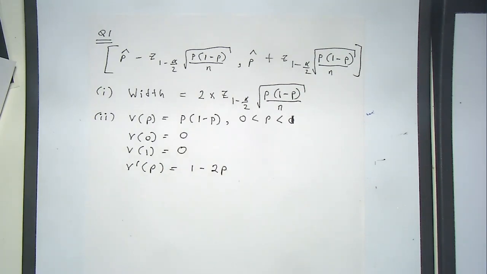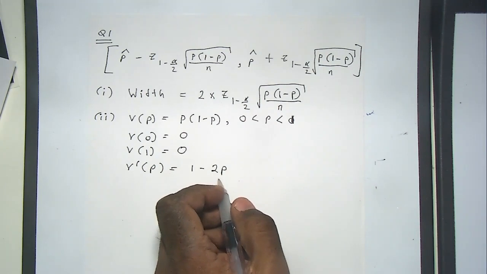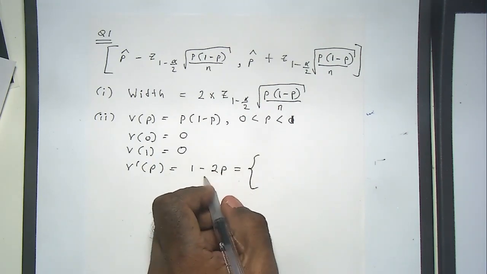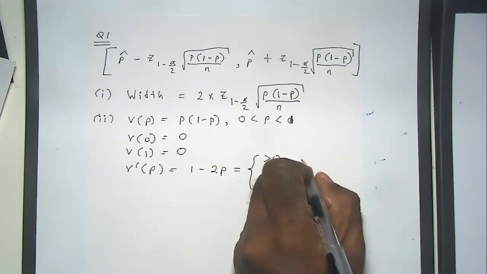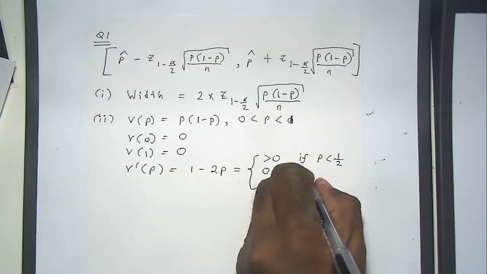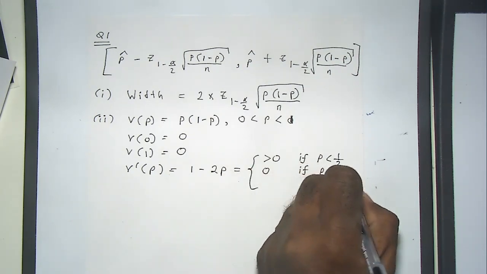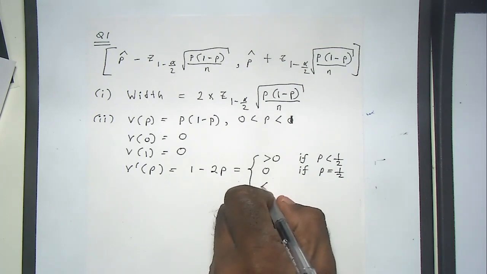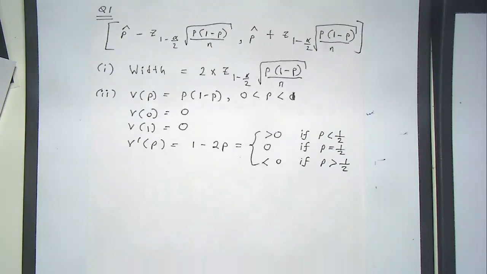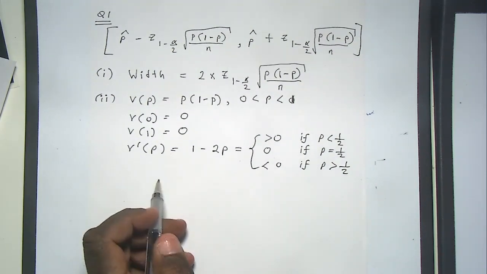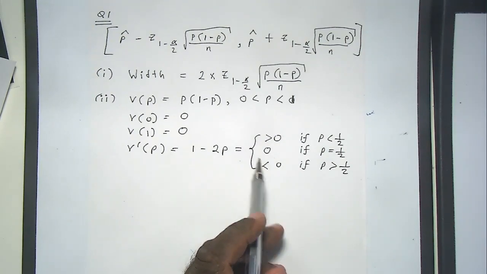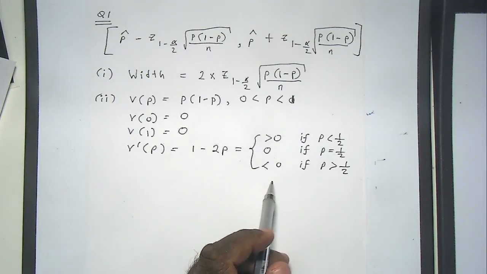This is a positive number if p is less than a half, 0 if p is equal to half, and a negative number if p is greater than a half. Can you see that, guys? The first order derivative is positive if p is less than a half, 0 if p equals half, and less than 0 if p is greater than a half.